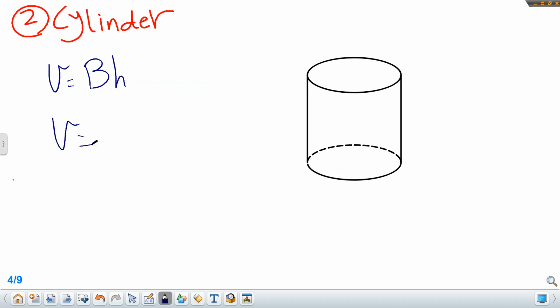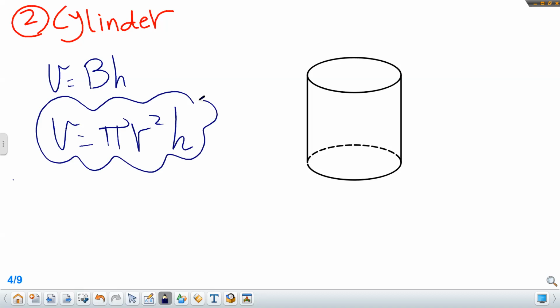Base area, which is area of the circle, which is pi r square, times the height. So every time, volume of the cylinder is pi r square height. Radius is the distance between center of the base and any point on the circle. The height is the distance between the two parallel bases.